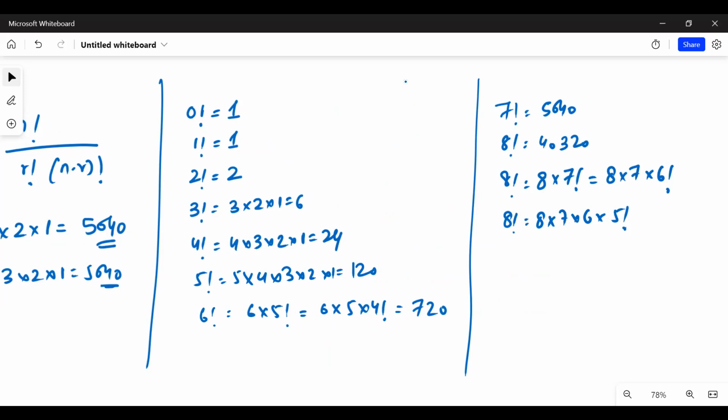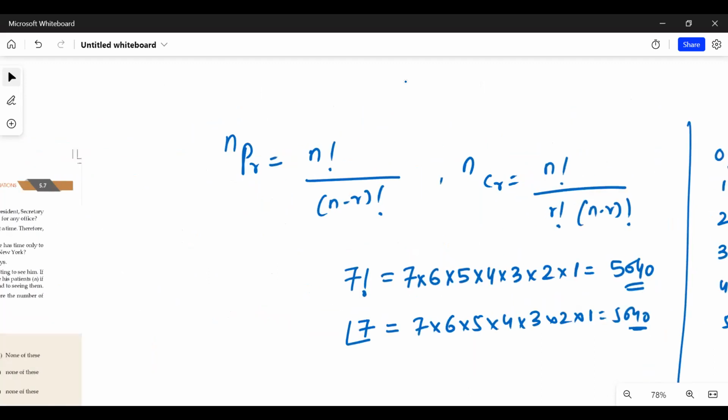Okay, this is question number 4 in Exercise 5A, and question number 5, and question number 3. What is 0 factorial? What is 7 factorial? This is question number 8.